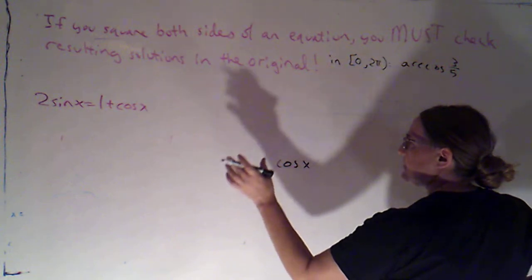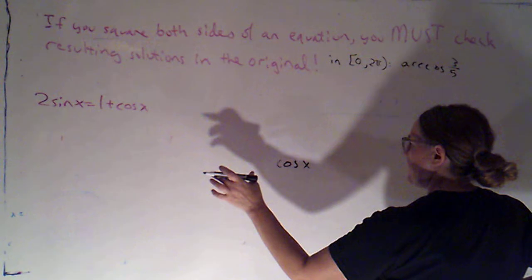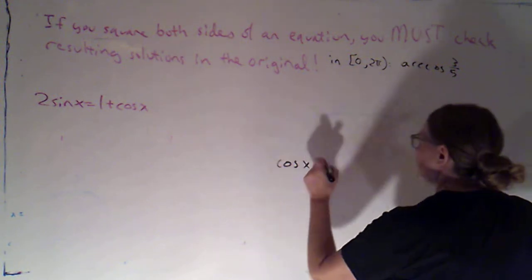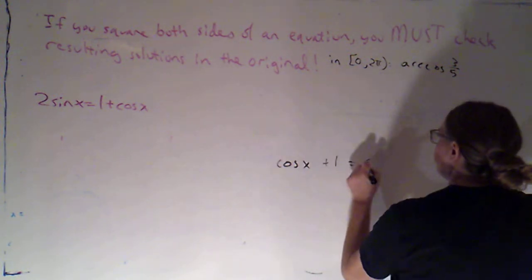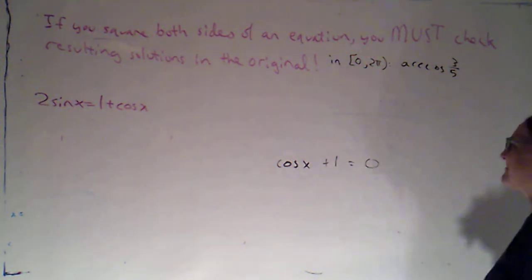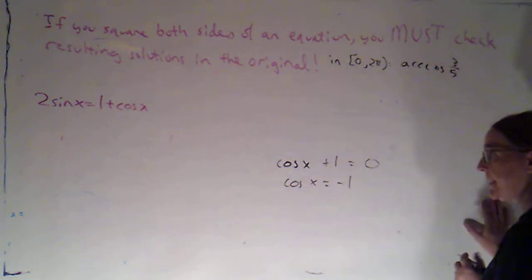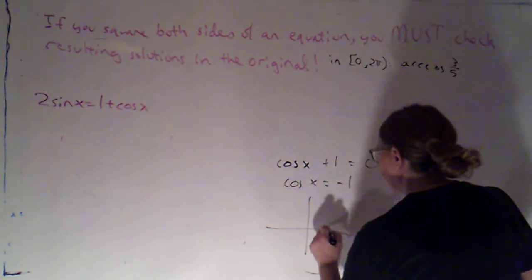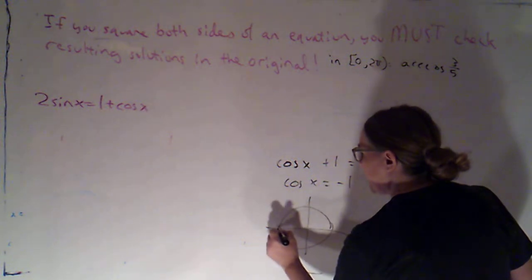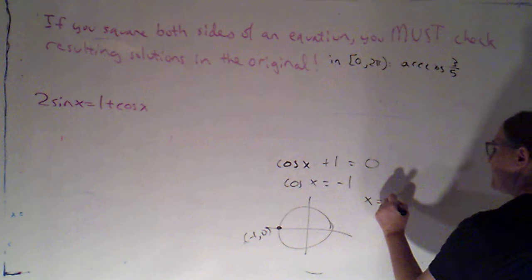But let's see, in order to get 3/5, that would have been the minus, so this is going to be the plus 1. So cosine of x plus 1 equals 0 was our other factor. Okay, that's going to mean cosine of x is equal to negative 1. Okay, well that's going to put me right here where x would equal pi.